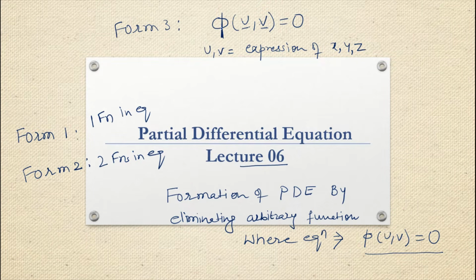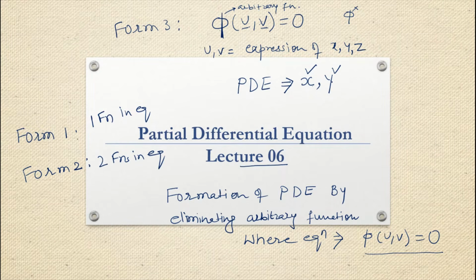But phi is the arbitrary function, and this arbitrary function phi is what we have to eliminate from our partial differential equation. From the given equation we are going to build a partial differential equation. It can contain x and y, because x and y are our independent variables.